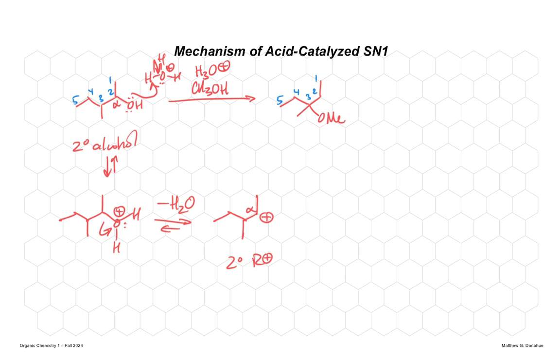So we formed a secondary carbocation. I've labeled that carbon alpha. And then when we look at what's bonded to it, there's a beta carbon, and then there's beta prime. So methyl is beta. This one over here, that's beta prime.